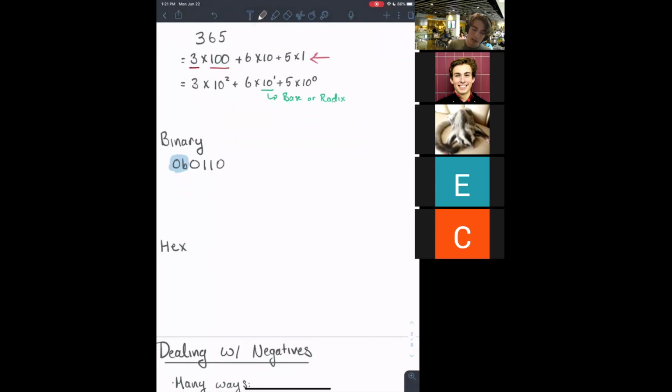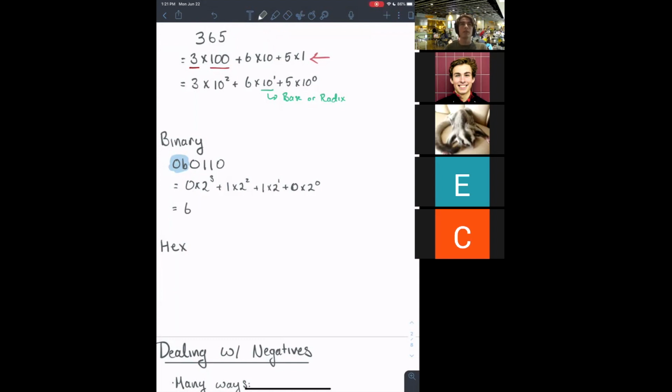So what I can do is write this as a similar sum of 0 times 2 to the 3rd plus 1 times 2 squared plus 1 times 2 to the 1 plus 0 times 2 to the 0, which if I add up, I get 6.